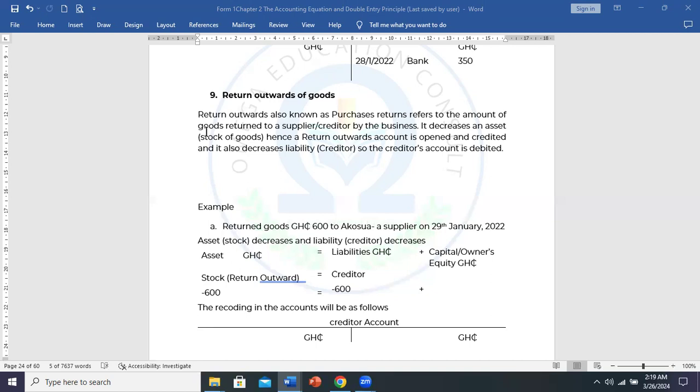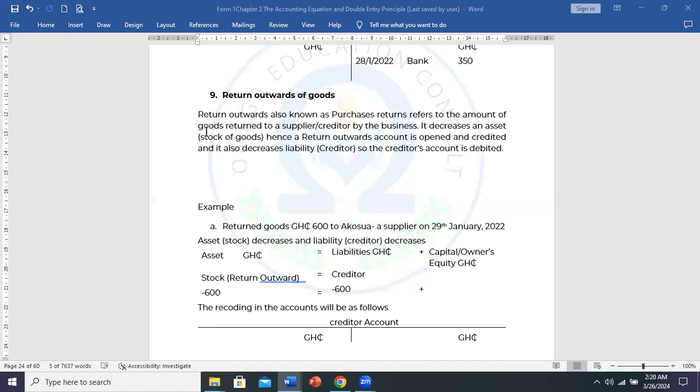So if, due to some reasons, Business Alexia would have to return some of the goods to Malcolm, maybe the goods had expired or maybe the business required 10 packs, but Malcolm supplied 15, then the business would have to return the 5 back to the supplier, Malcolm, right?